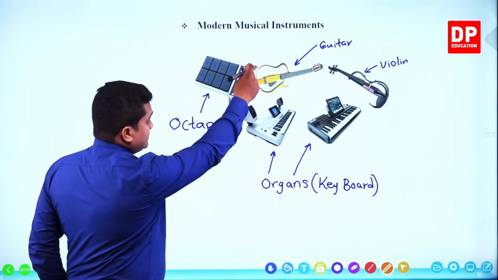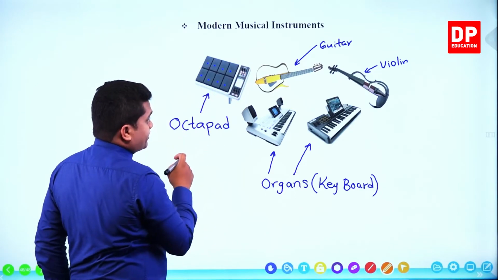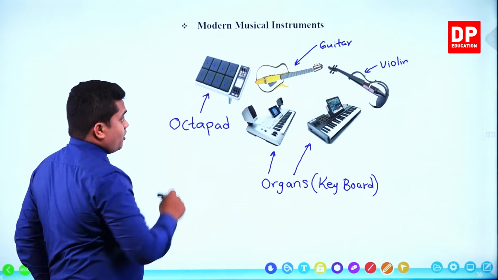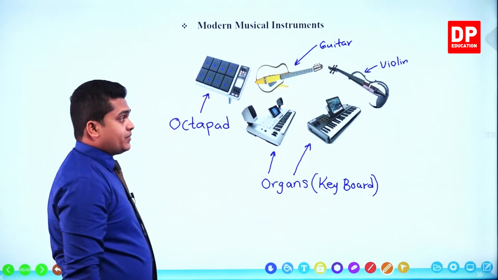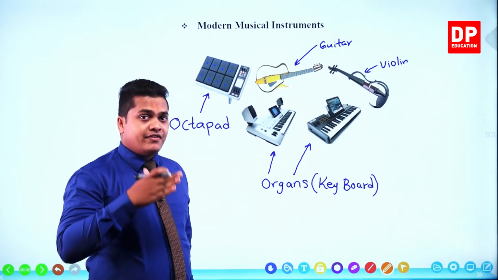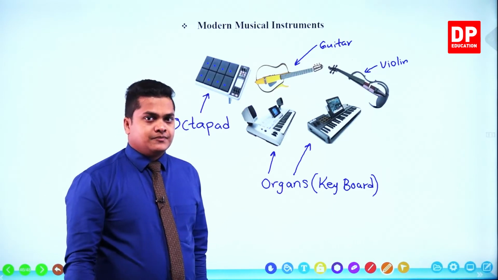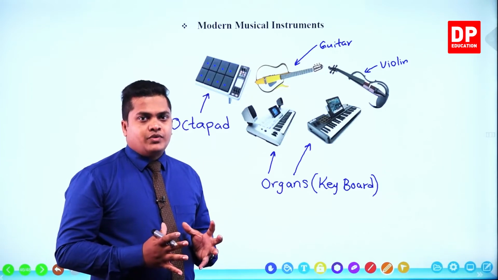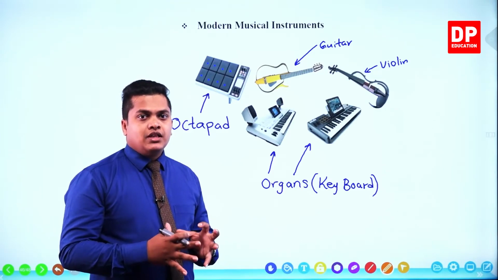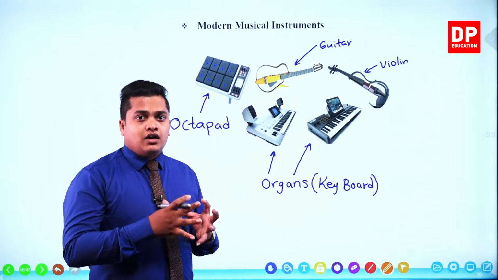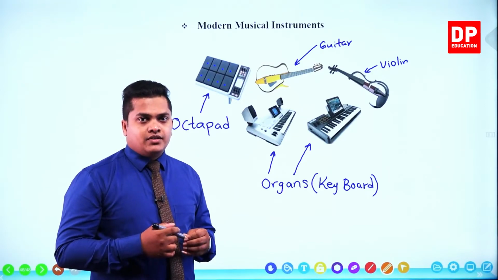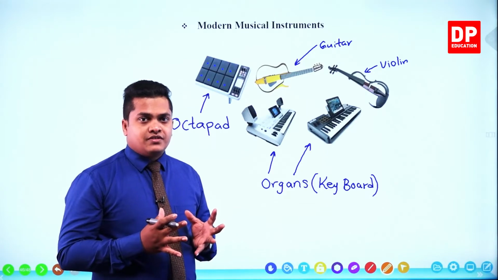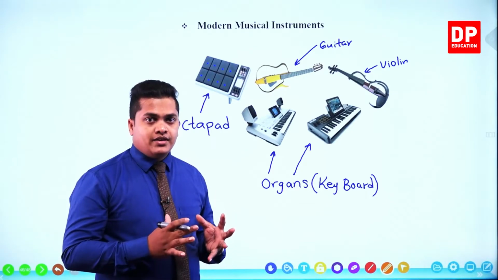So it has these buttons. When you push down different buttons, these plates in the Octa Pad are going to emit different kinds of sound, right? It's the most common one which we use in day-to-day musical festivals, those large musical festivals where the bands play.